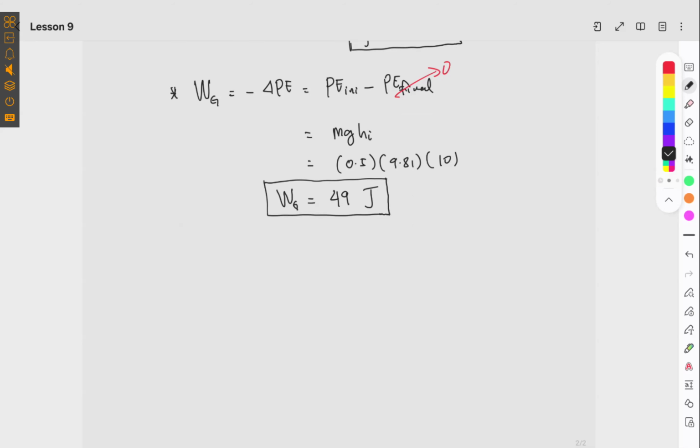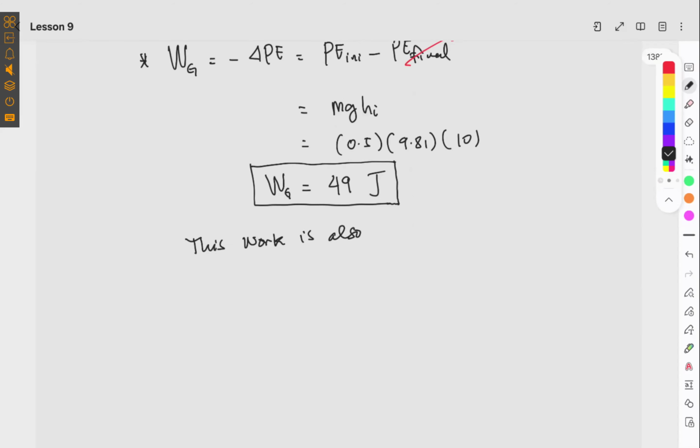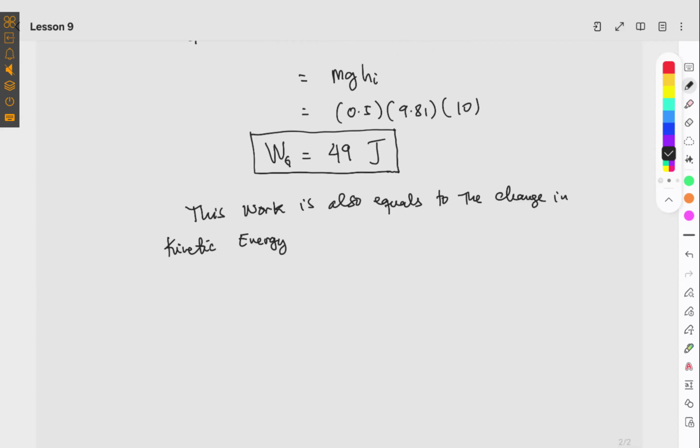But this work is also equal to the change in kinetic energy, where delta kinetic energy is the final kinetic energy minus the initial kinetic energy.